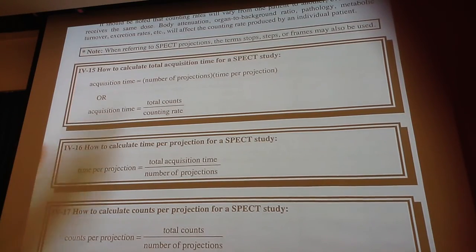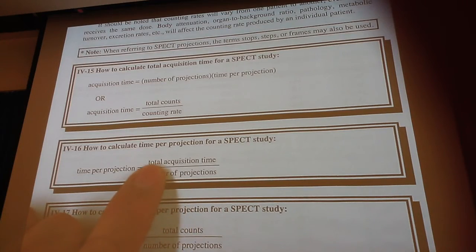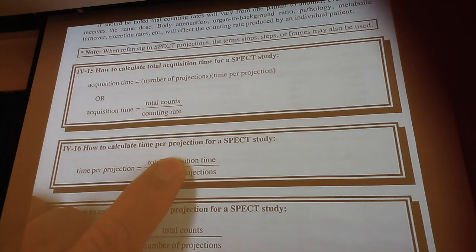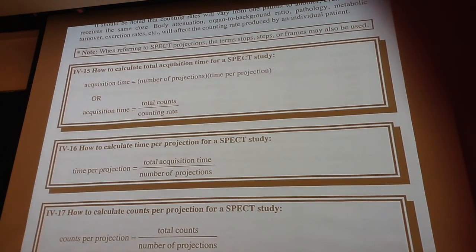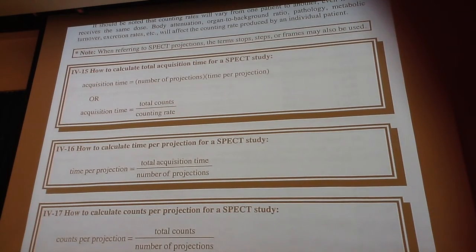And the other thing is the time per projection. Again, if you know that it's going to take 30 minutes and the number of projections, these are just all variations of the same math formula. So when you see this, I don't want you to panic and think, oh my God, how the heck am I ever going to be able to calculate this?